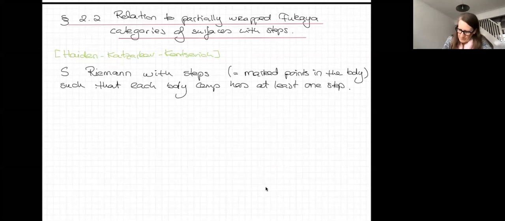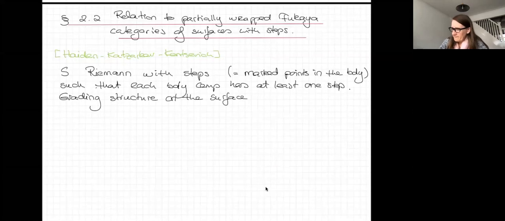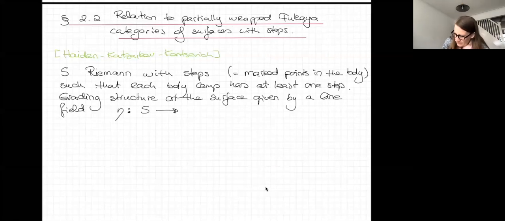Okay, then they equip the surface with a grading structure. And that grading structure is the data of a line field. And by definition, a line field is a section of the projectivized tangent bundle of the surface.